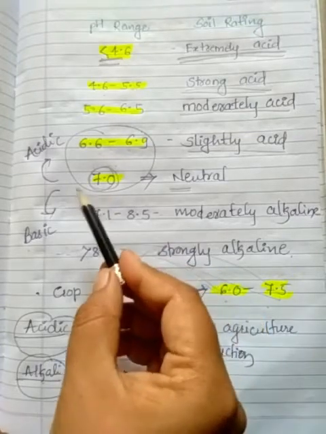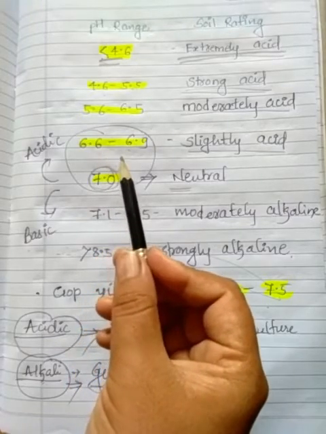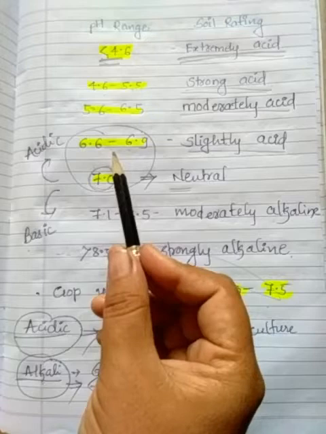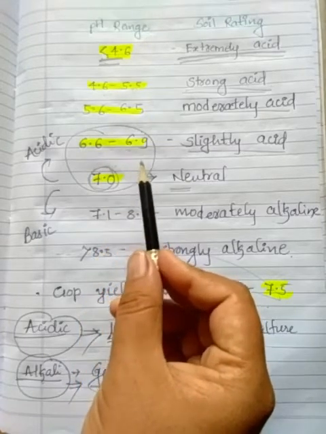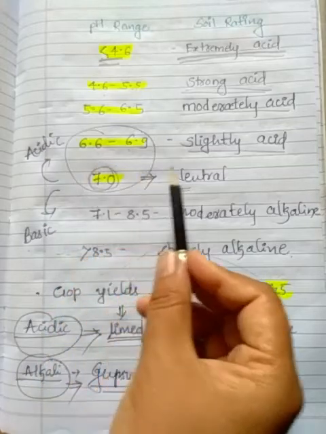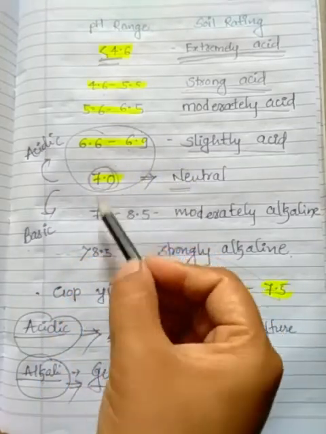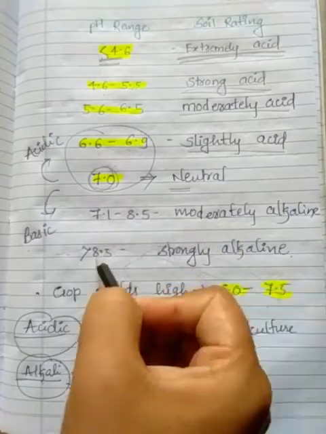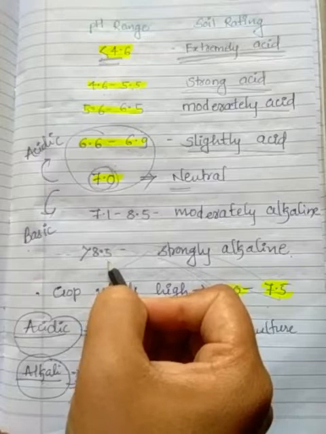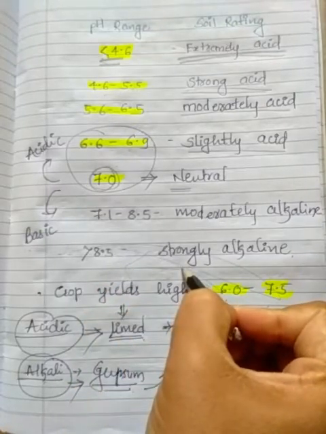Below 7, less than 4.6 is extremely acidic. 4.6 to 5.5 strongly, 5.6 to 6.5 moderately, 6.6 to 6.9 slightly, and 7 is neutral itself. And after that 7.1 to 8.5 is moderately alkaline. Again more than 8.5 is strongly alkaline in nature itself, isn't it?